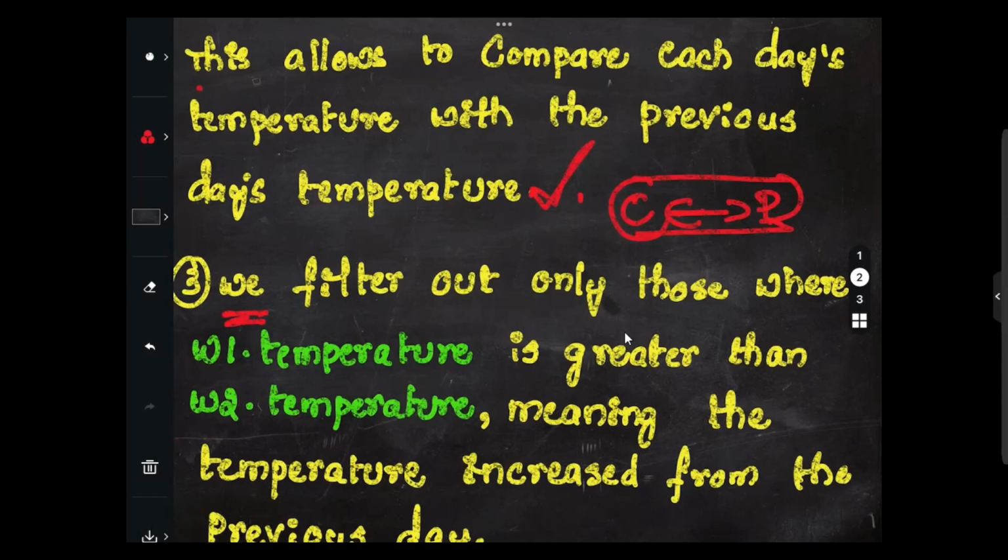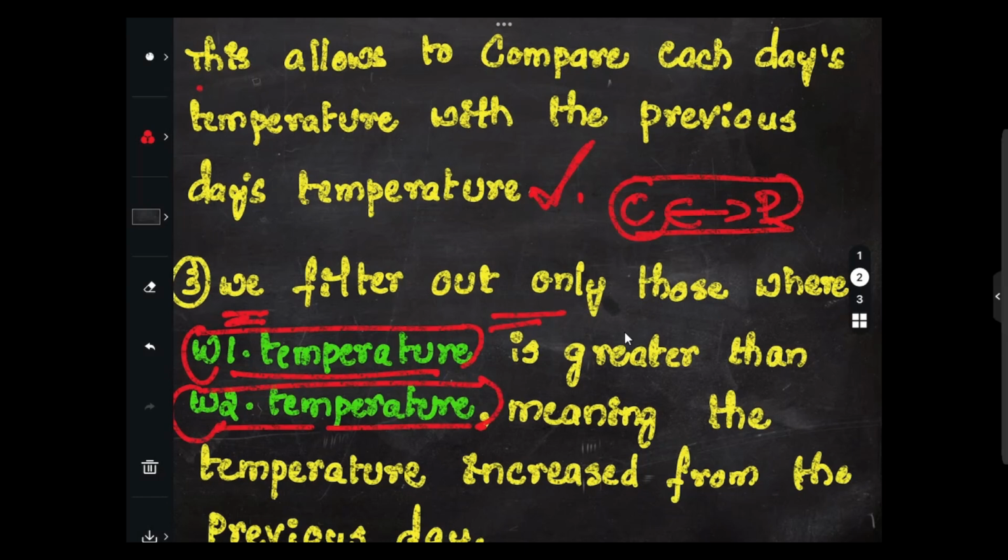Let's come to the third point. What it states is that we will filter only those rows where w1.temperature is greater than w2.temperature. According to the question, the current day temperature has to be greater than the previous day temperature.